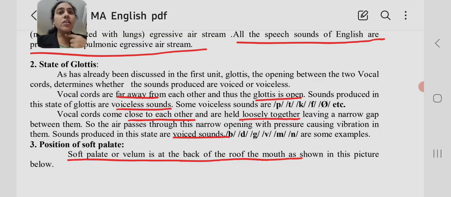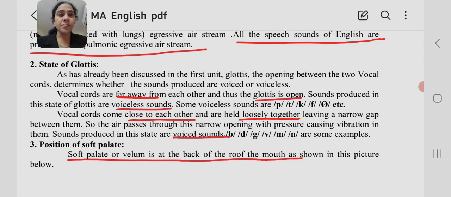Now here, the glottis has the two vocal cords, which are far away from each other. The state of this we call glottis open. When the two vocal cords are far away from each other, we say that the glottis is open. Then the sounds produced are voiceless.